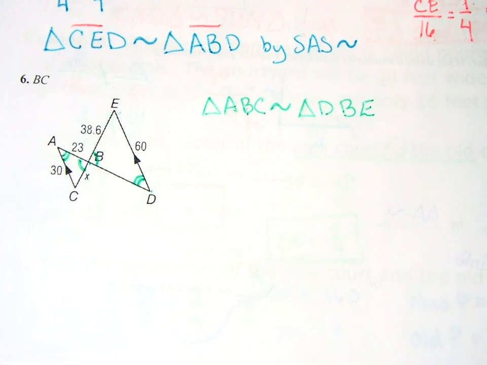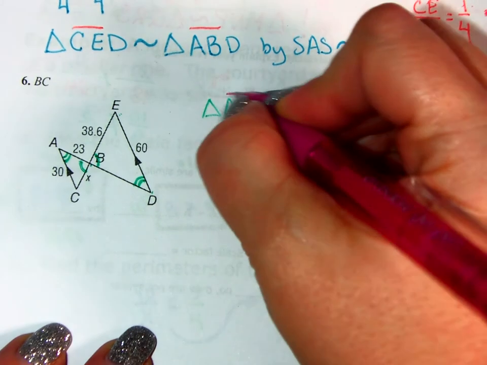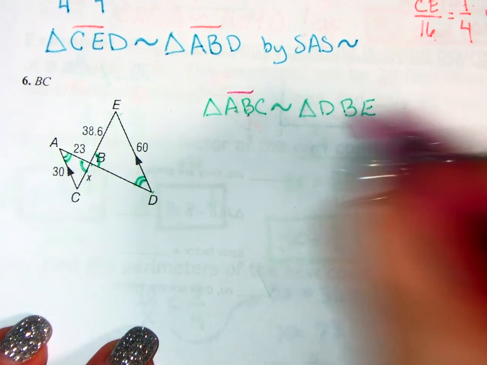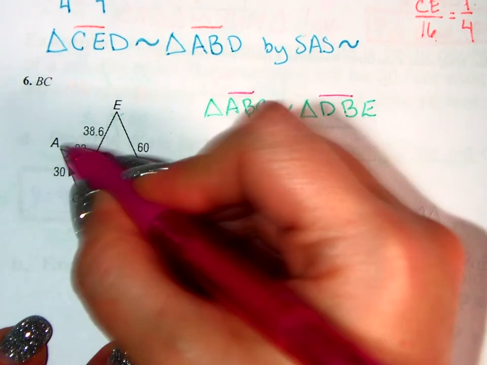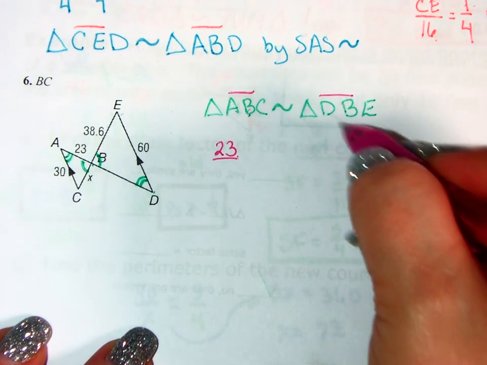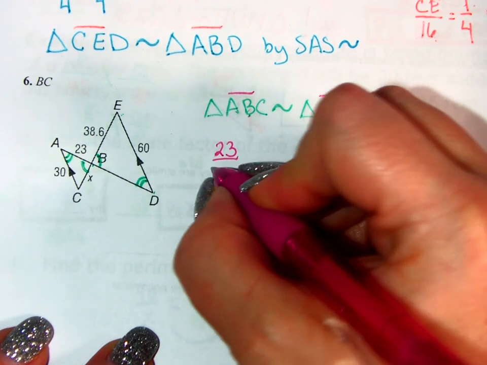So now that I know I have a similar triangle, and I still don't know a scale factor, but that's okay. I do know what sides are proportional. So I need to use that idea so that I can solve for x, right? I know that AB is going to match up with what? DB. So AB is 23. And I know it's going to match up with DB, which I don't know what it is.